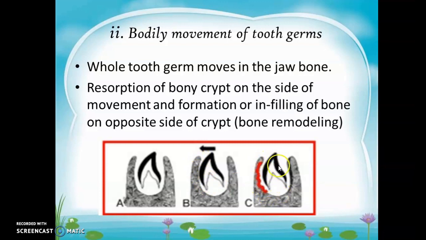But at the same time, there is infilling or formation of bone on the opposite side of the bony crypt wall. Thus, bodily movement of the tooth germ is facilitated by remodeling of the bony crypt wall.